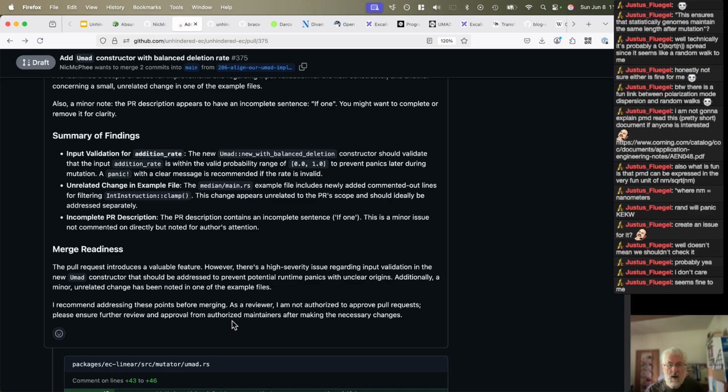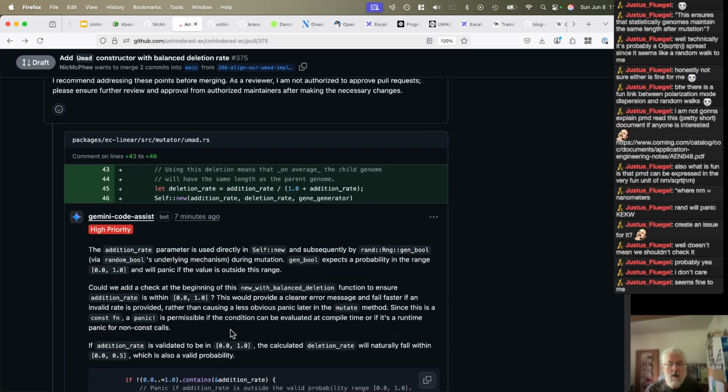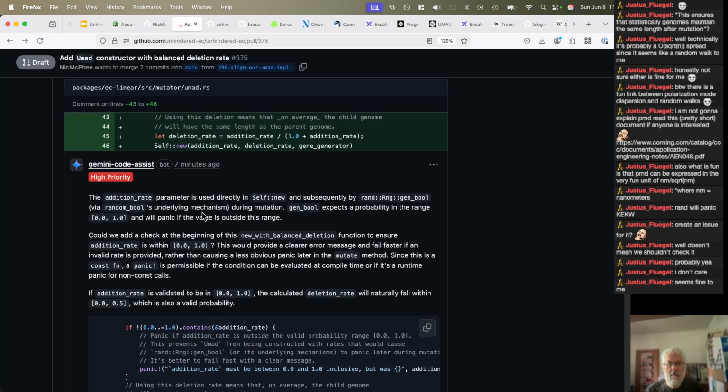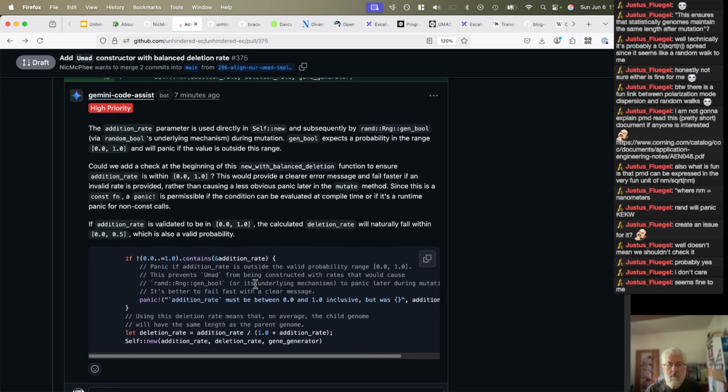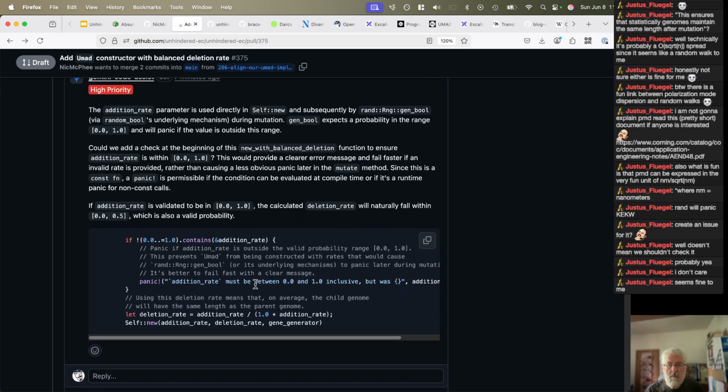So they think that we should check the range. So they're suggesting basically that.